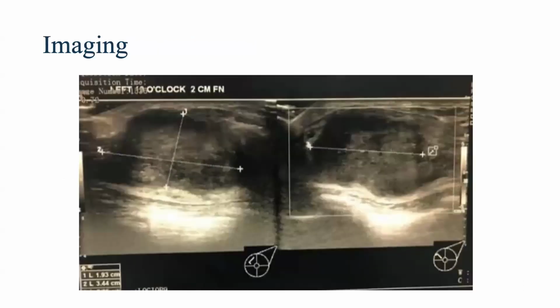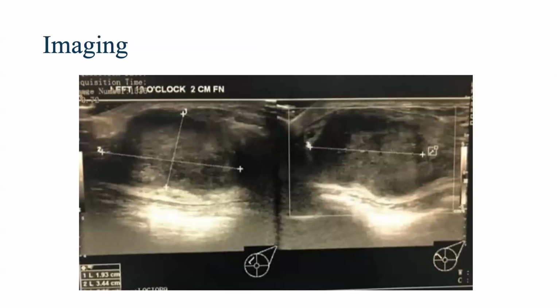Would anyone like to comment on this ultrasound imaging? This is the ultrasound of the left breast.